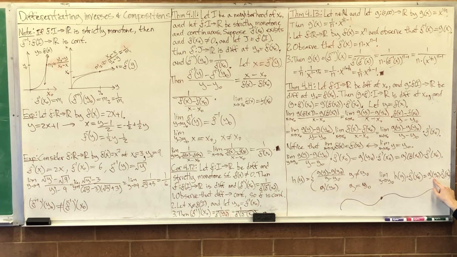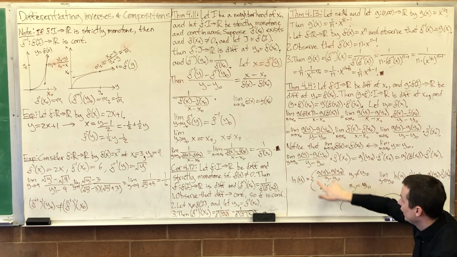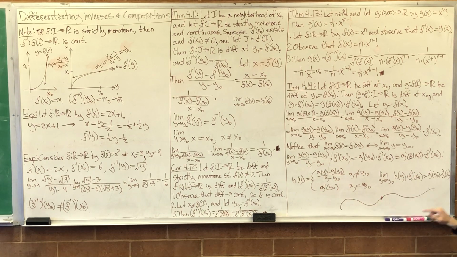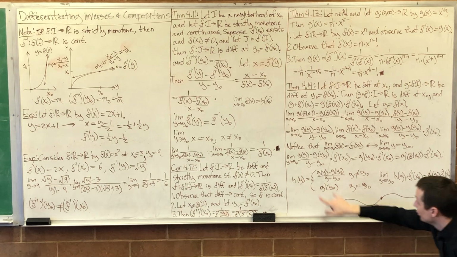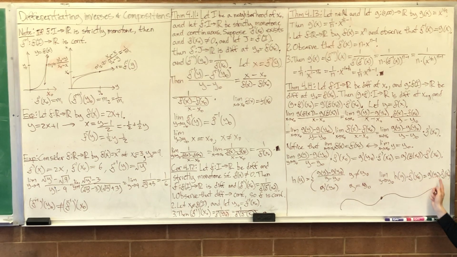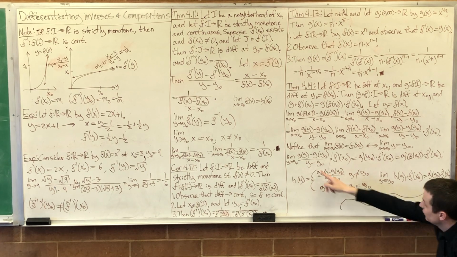It's g prime of y naught. What's the limit of this thing when y is equal to y naught? Well, that's just the limit of a constant, which is just that constant. So in either case, we get this. So the limit as y approaches y naught of h of y exists and is that thing. And its limit is the same thing as that thing's limit.